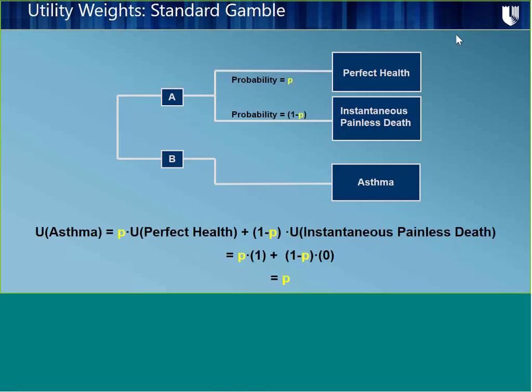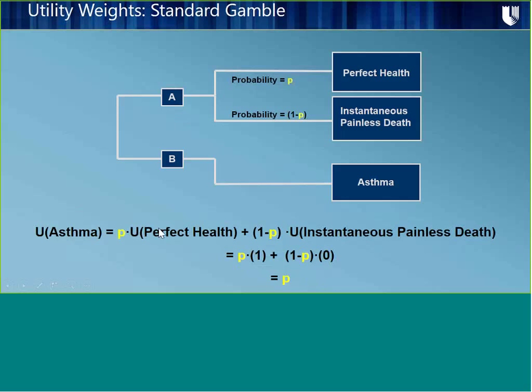In addition, we have to make an assumption here about the structure of utility. So the specification here is that the utility of asthma, the health state utility weight for asthma, is the weighted sum of the utility of perfect health multiplied by the probability of getting perfect health, and the utility of instantaneous painless death multiplied by 1 minus that probability.